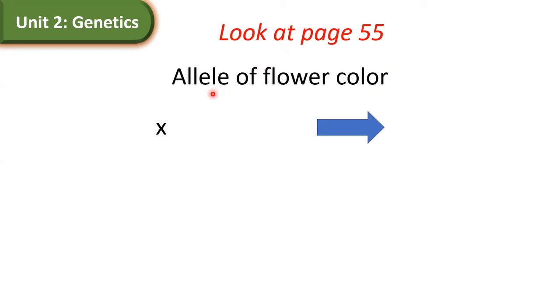But for this slide, I will focus only on the allele of the flower color. On page 55, we already know the alleles for flower color are white and purple. Which do you think is the dominant trait? Is it the white or the purple?